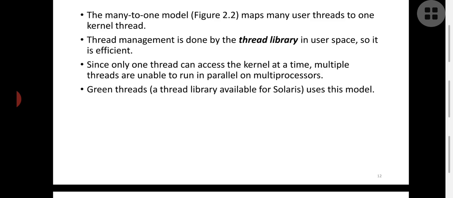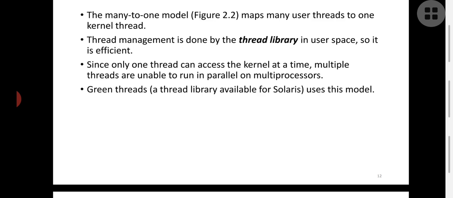Just recall our benefits of multi-thread programming. The fourth benefit was utilization of multiprocessor architectures. Even though there are many CPUs, if our process is single-threaded, it can run on only one CPU, and all the other CPUs will be idle.